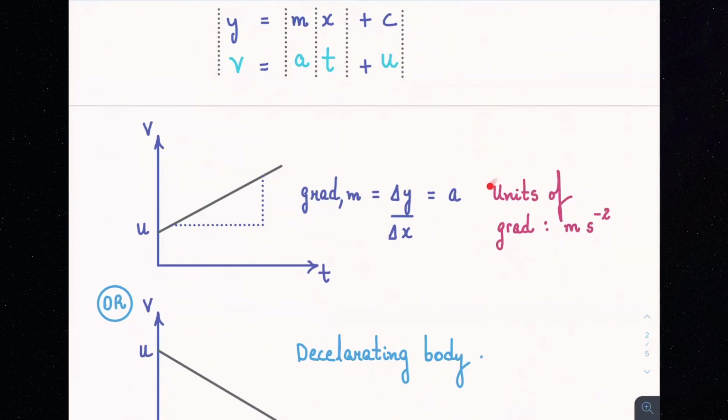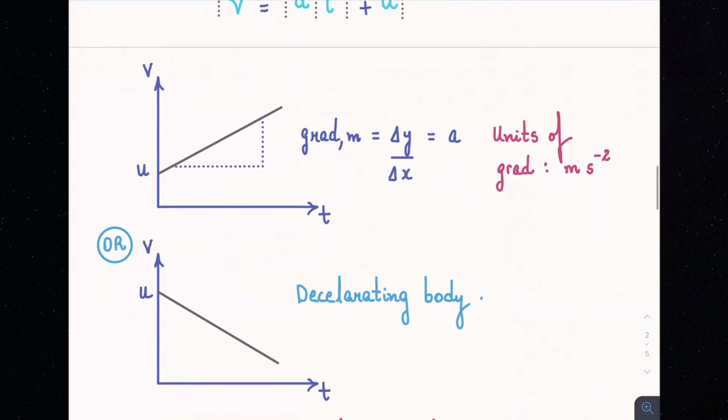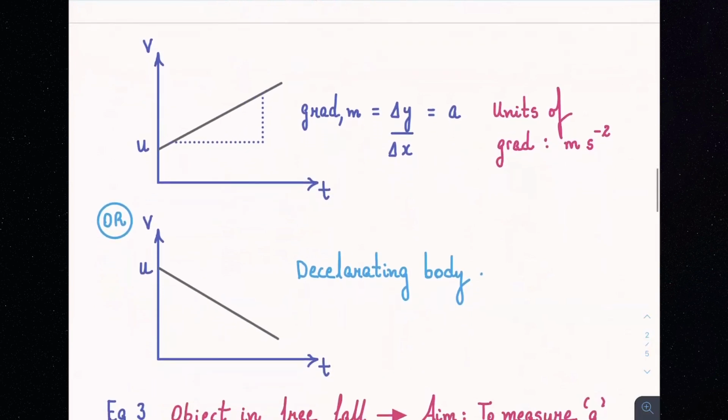Note that the units of the gradient, since the gradient is representing acceleration, must be meter per second squared. I am here showing two sketches of the graphs one may obtain for such a situation, one showing an accelerating car and the other for a decelerating car.